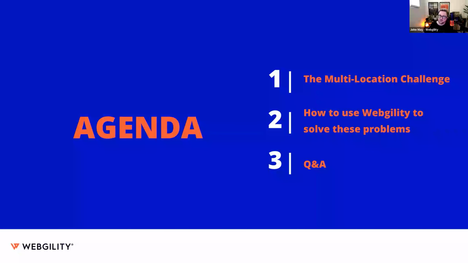Then we'll get into a quick demo that showcases what you would do in each of those scenarios and maybe how you would set up Webgility to make sure things work properly. At the very end, as always, we'll end with a Q&A. Like I said, if you have questions throughout the conversation, feel free to put them in the chat or in the question and answer box, and we'll answer them as we go. Again, if it's something that needs to wait till the very end, we will just push it to the end, but that Q&A section is always going to be there.